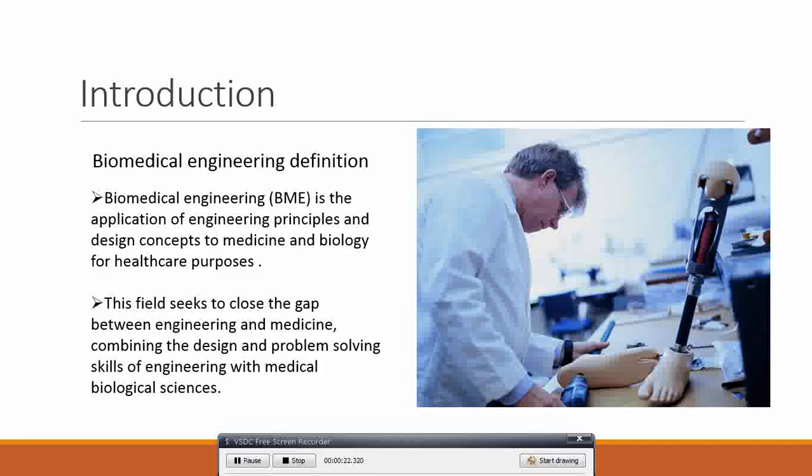Right, as everyone already knows, what is biomedical engineering? Basically, the definition sounds like it's a combination between two different fields, which can be medicine and also biology. But the important thing is that we combine these two, medicine and biology, along with engineering.